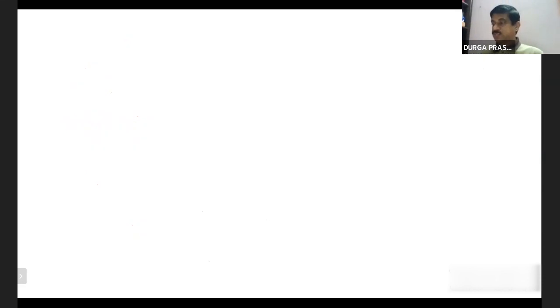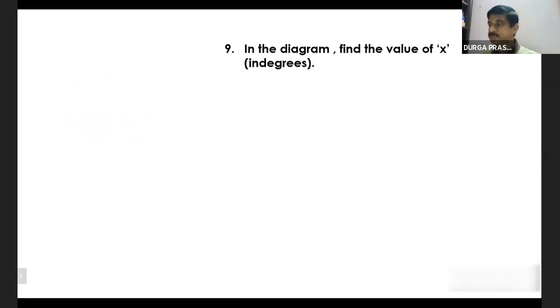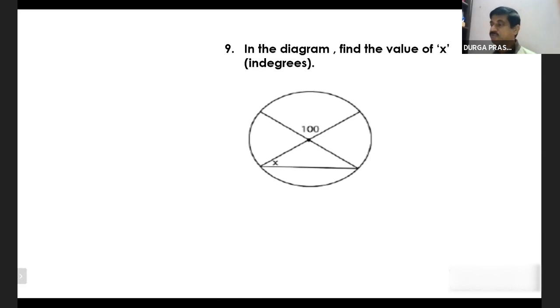Let us go to the next question. So in the diagram, find the value of x. So children, here, if this is 100, this is also 100. Vertical opposite. If this is x, this will also be x.